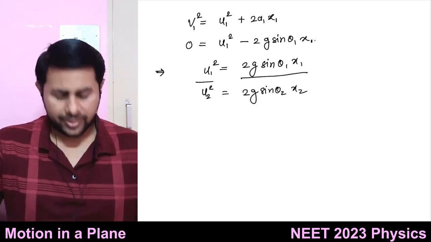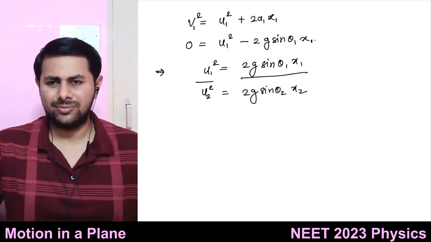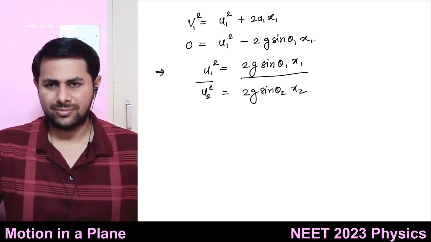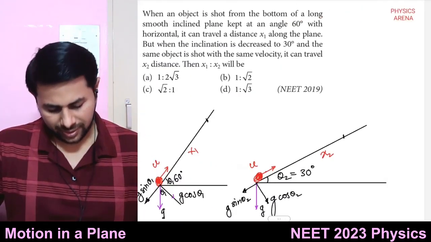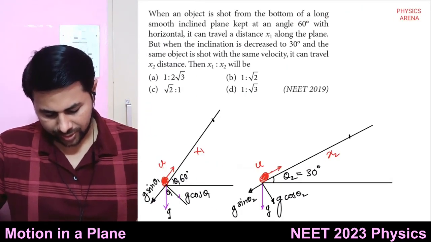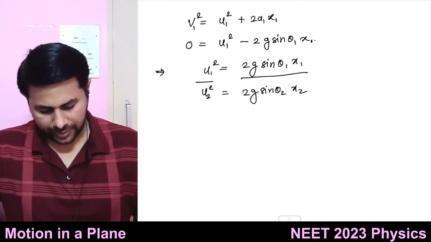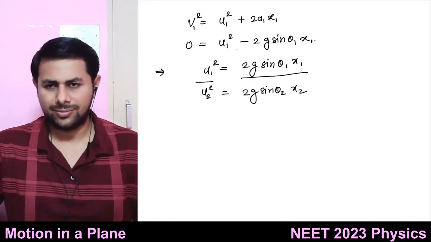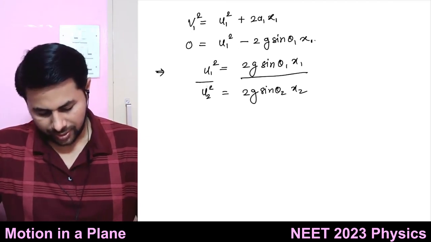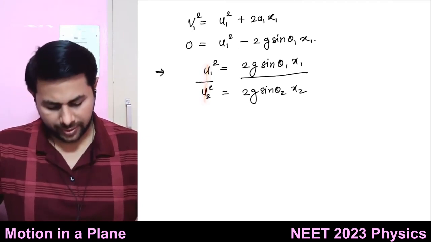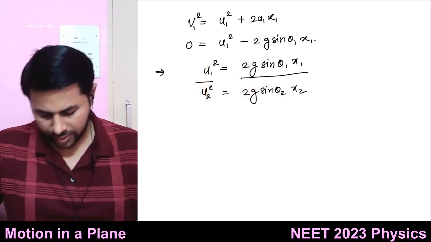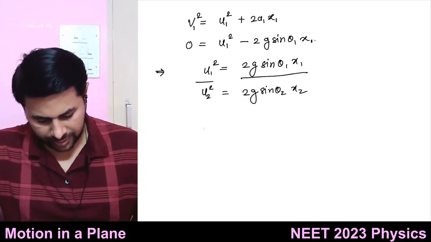It's given that u1 is equal to u2, right? It is shot with the same velocity, so u1 is equal to u2. Yes, no? Yes, sir. So the left hand side will be equal to 1, then 2g and 2g get cancelled out, so this is equal to 1.